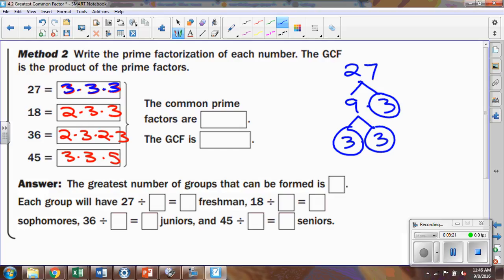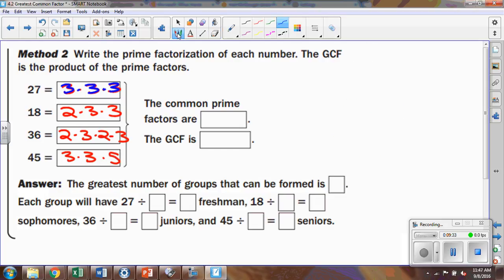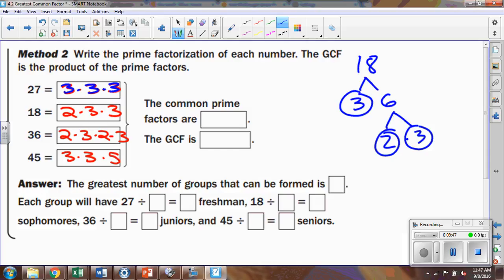Because I'm very experienced with these pieces, I don't personally need to write down the factor tree to create the prime factorization. I do it in my head. I know that most students don't have the ability to do that. Most students would need to draw out the factor tree and say, this is 3 times 6, and 2 times 3, leading them to the prime factorization, 2 times 3 times 3.